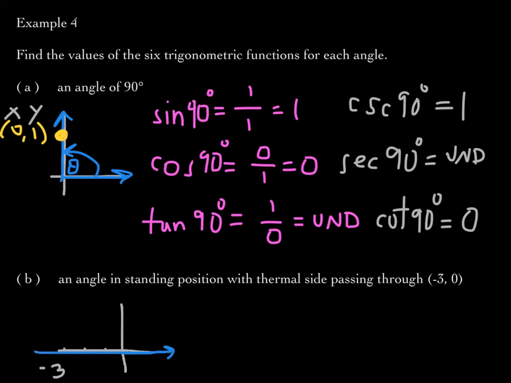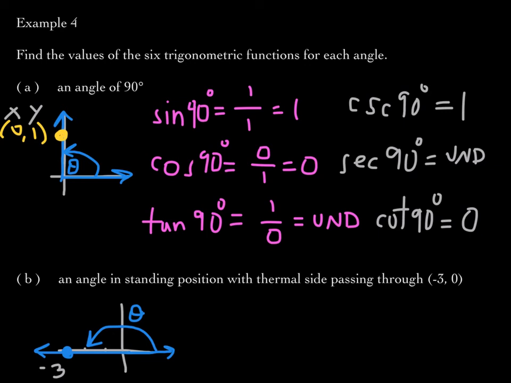See if I can make that better. That's a little bit better. It goes through -3, 0. So then this is our angle right there. That's what we can call theta. Now I hope that you see that theta happens to be 180 degrees, right?